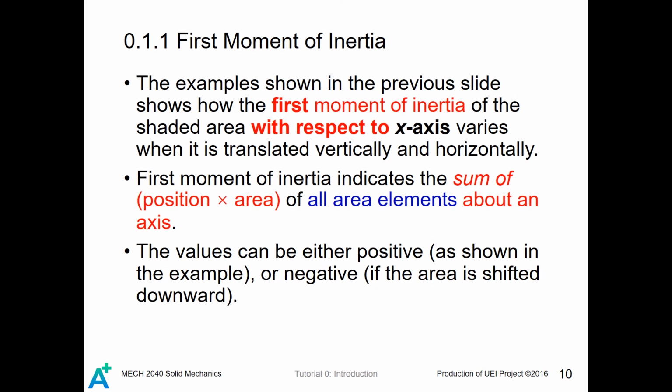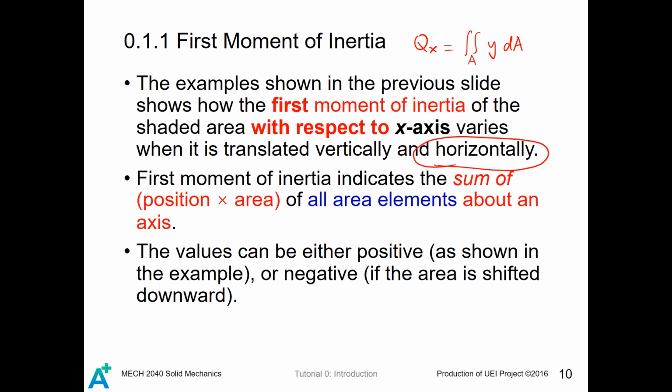Just now we only considered the case of Qx equals the integral of the entire area y dA. In such a case, no matter how the shape is transformed horizontally, the moment of inertia will not be changed.